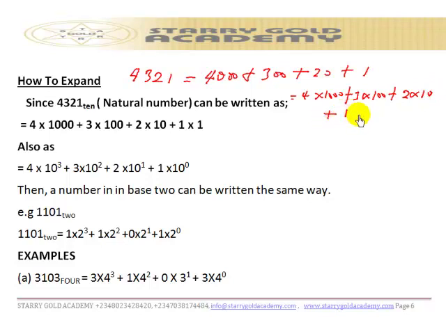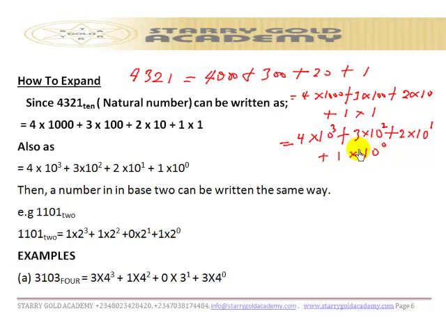1 times 1. In other words, you can also say that 4 times 1,000 is 10 raised to the power 3, plus 100 is 10 raised to the power 2, 10 is 10 raised to the power 1, and then 1 is 10 raised to the power 0.